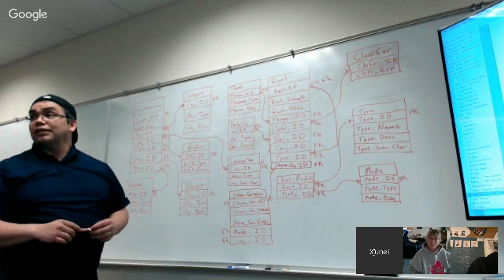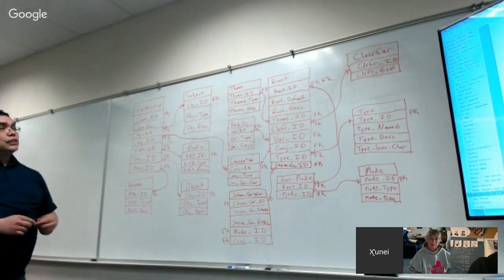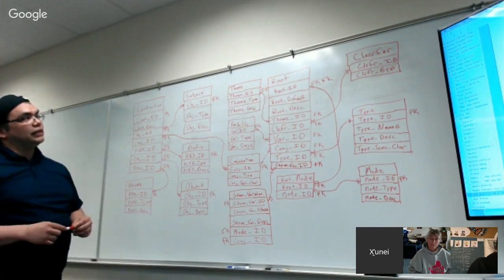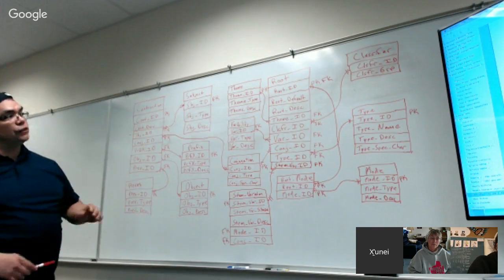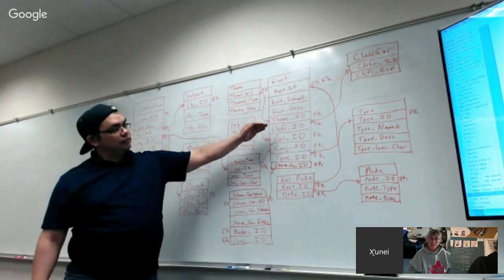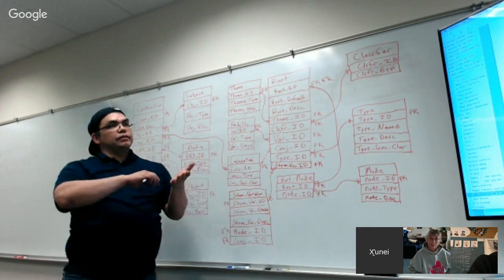Okay. So what is this thing supposed to do? So what this will do is it puts everything in relation so that you can put a root and define the different things within the root to create a theme.